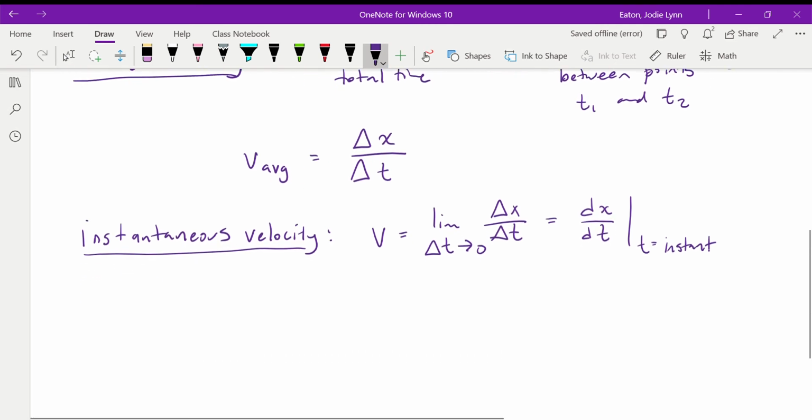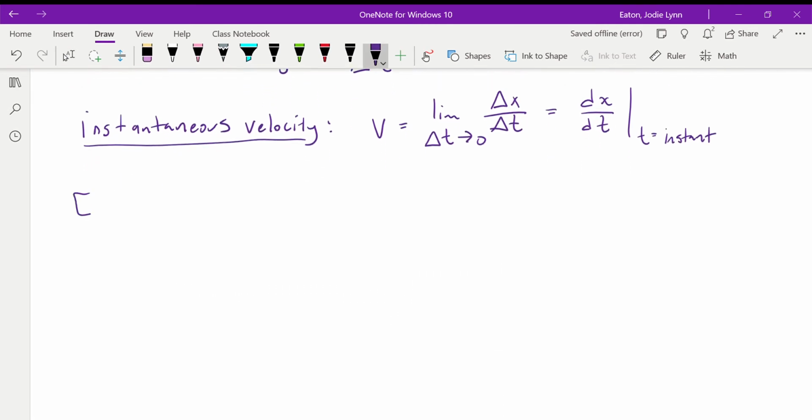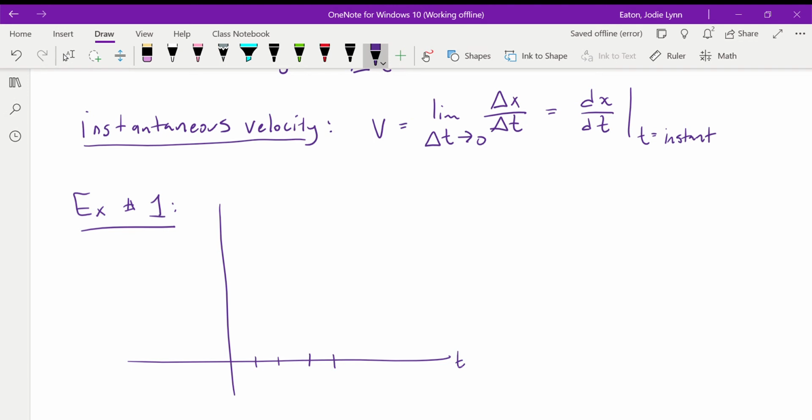Okay, so let's take a look at a fairly simple position versus time graph. So we have example number 1. We have a graph, and we're going to let our time go from 1 to 4. This is our t: 1, 2, 3, 4. Let our position also go 1, 2, 3, 4. So this is our position in meters, and this is our time.